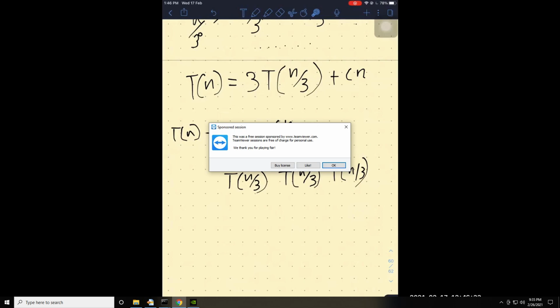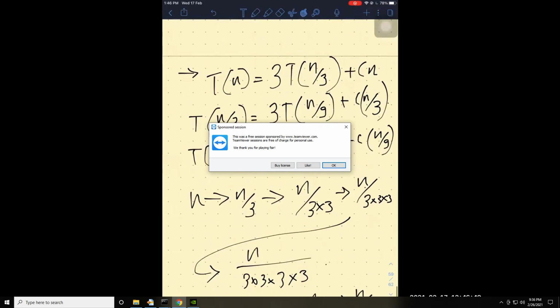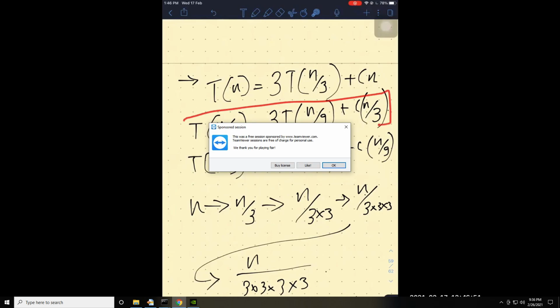Yes. Okay. So then we will progress again in that tree. So we'll replace each of these t of n divided by 3 with their values that we have obtained in this equation.